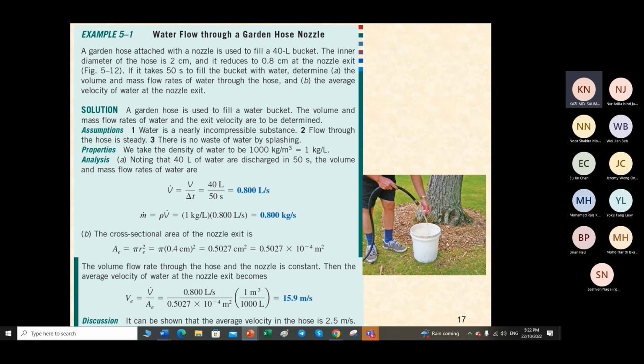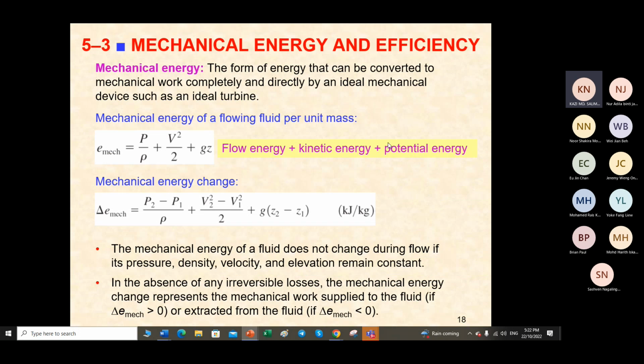The discharged air comes back through the receiver or collector, going back through the induced draft fan, because the induced draft fan creates a negative pressure so that the flow comes through the system. Going further, now you see the mechanical energy and the efficiency.